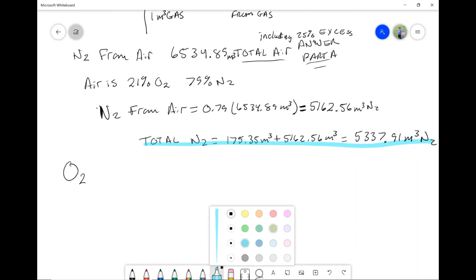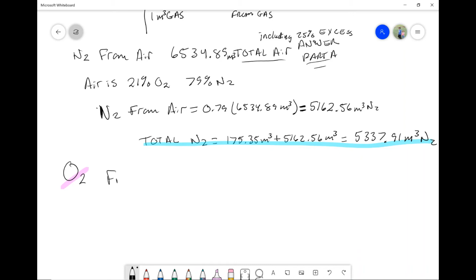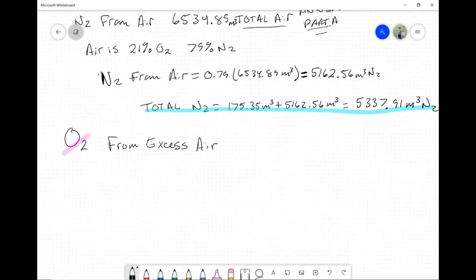And I used pink. All right, so how much air was excess? First we only want to calculate the excess air.